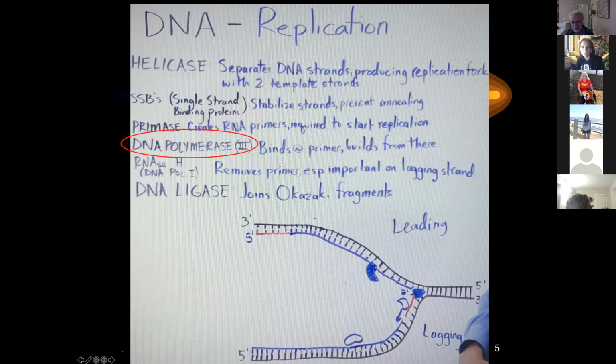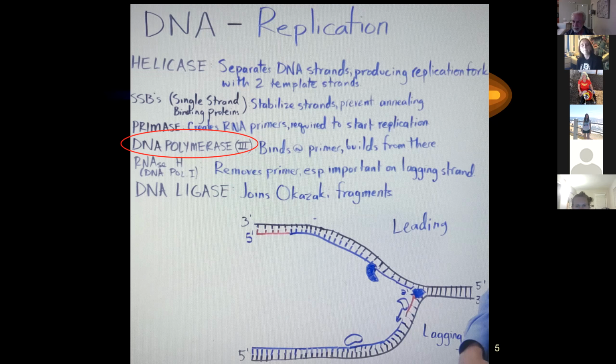Probably not. And I'm guessing here, I don't know for sure. But I don't think that this process is inherently mutagenic. We'll talk about mutations later and how they form. And there's nothing in this process that should lead to mutations.